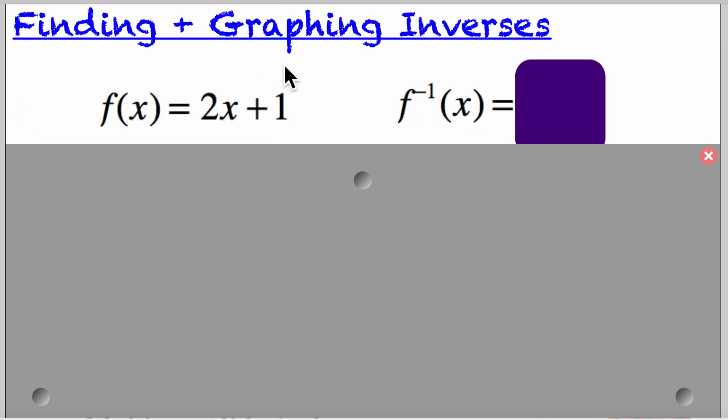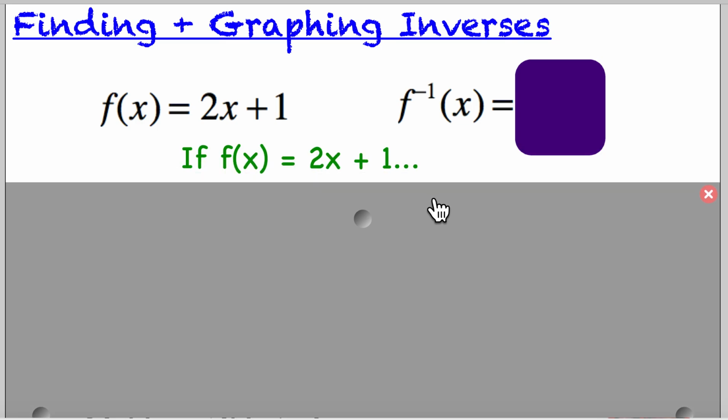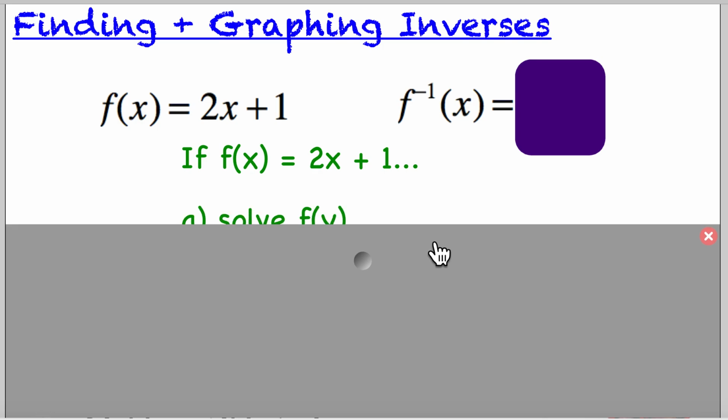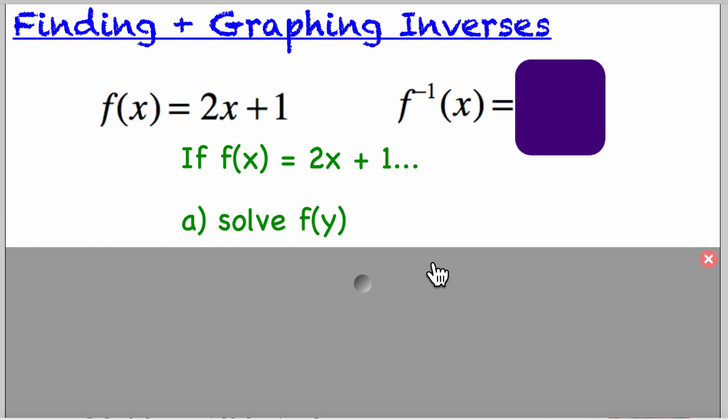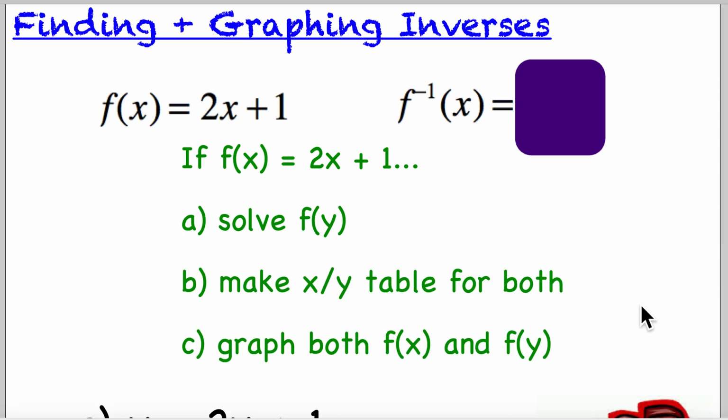So finding an inverse of a graph. Let's say that our original graph is 2x plus 1, so y equals 2x plus 1. If you want to find an inverse, instead of doing f of x, you're going to do f of y, which sounds weird, but basically instead of an x being there, a y is there. It flip-flops your y and your x, and then you just solve for the new y.